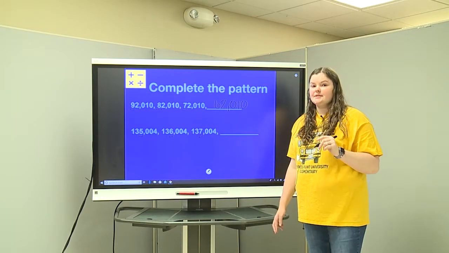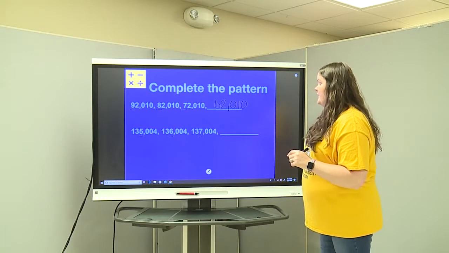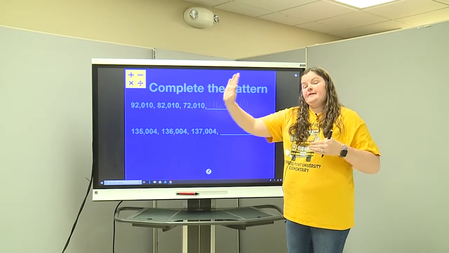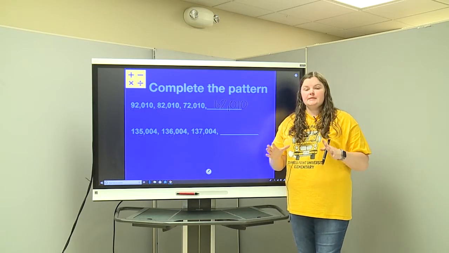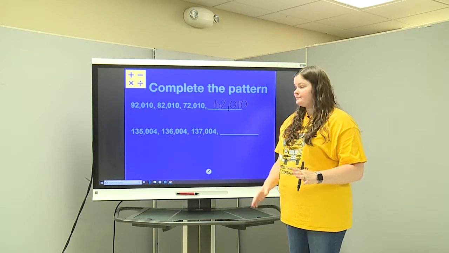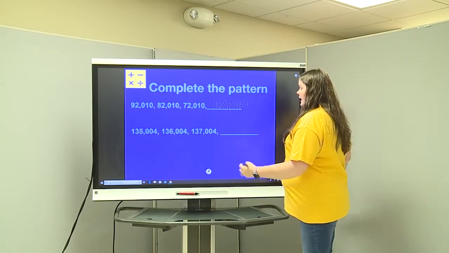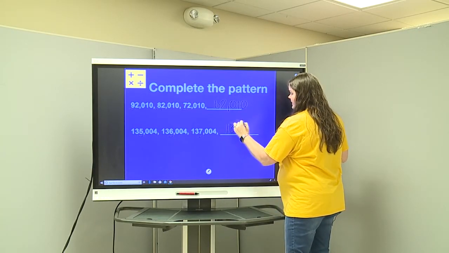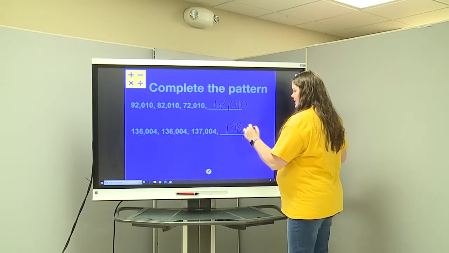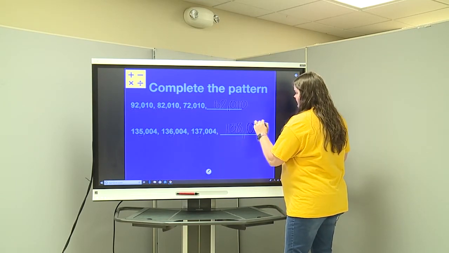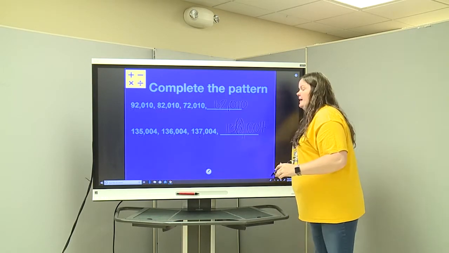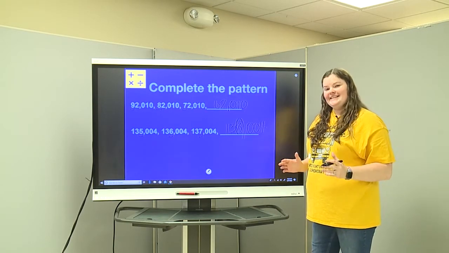So my thousands place is what was changing. Now, if you remember from our last lesson, if it's in front of the place value that's changing, those digits stay the same. So if I'm going to go up from 137,004, I'm going to move up to 138,004. Again, only changing that thousands place value.